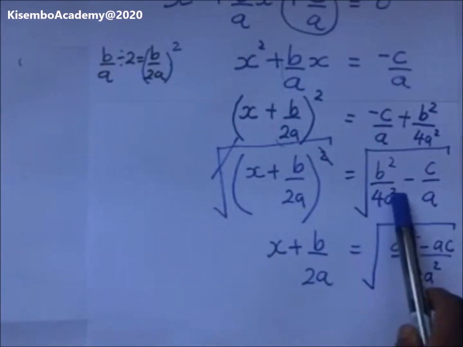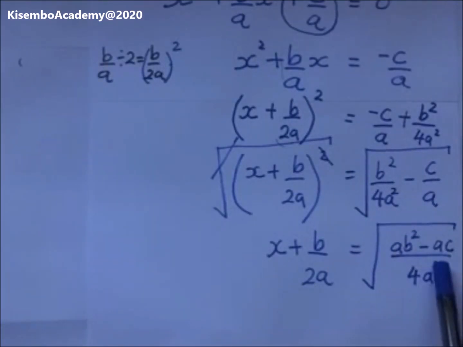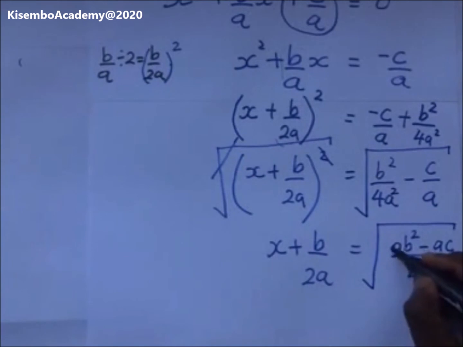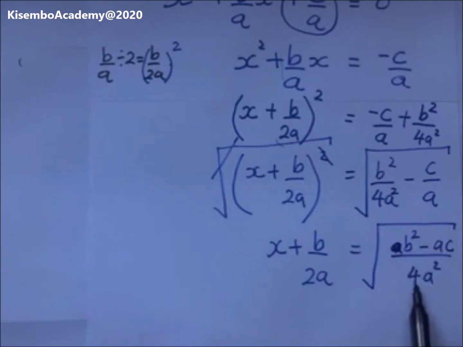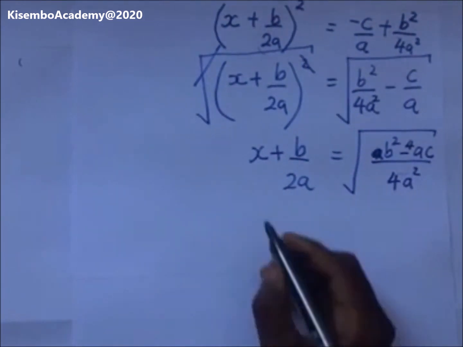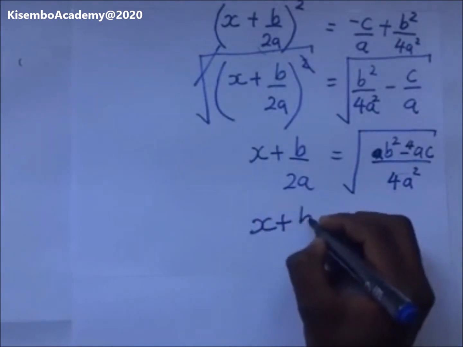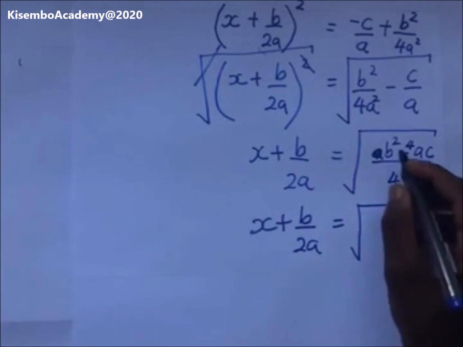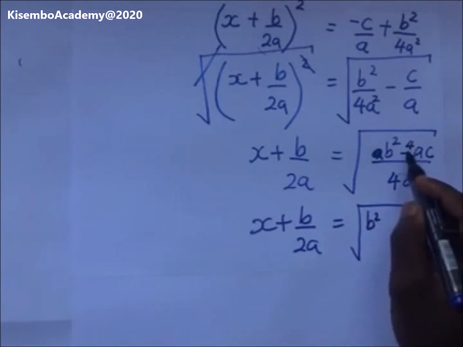The LCM of 4a squared and a is 4a squared. 4a squared divided by 4a squared is 1, and 1 times b squared is b squared. Then 4a squared divided by a is 4a, and 4a times c is negative 4ac. So x plus b over 2a equals the square root of b squared minus 4ac over 4a squared.